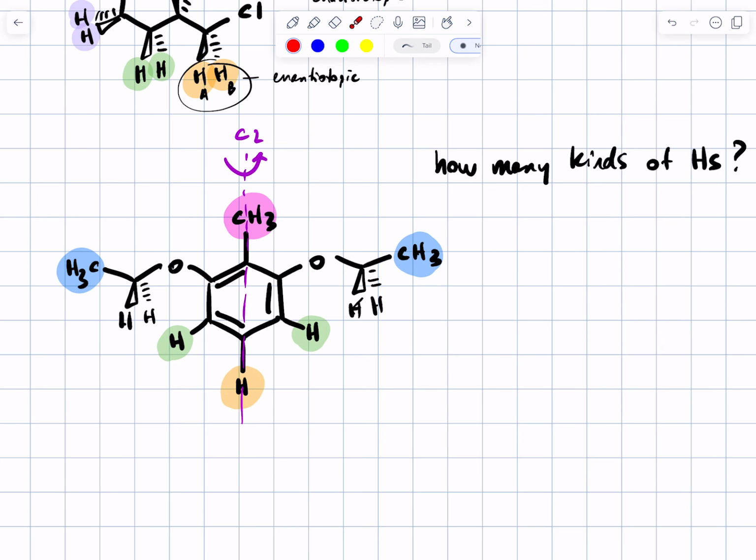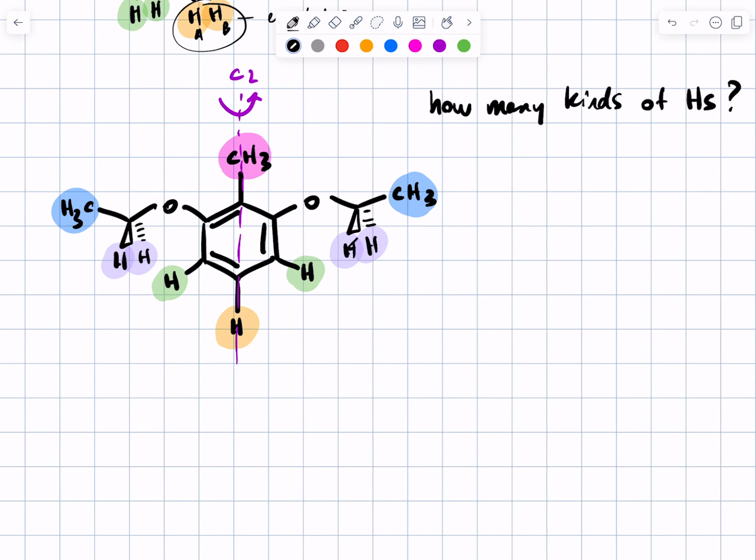Good. Okay. How about the CH2 protons? Relative to each other, those 2 CH2 protons are enantiotopic. They're mirror images. But by that rotational axis, we can exchange the ones on the left with the ones on the right. My right, my left, not yours. And so we would say the 2 CH2 groups are homotopic. Okay, good.